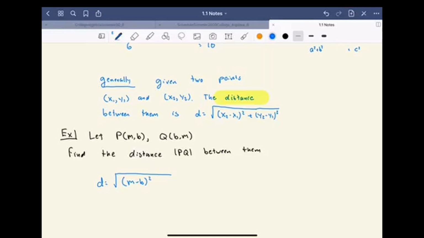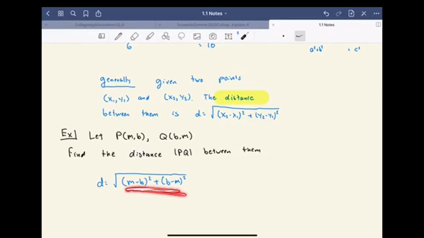M minus B squared plus, over here, let's take B minus M. Now, when you square these, they give you the same thing, right?